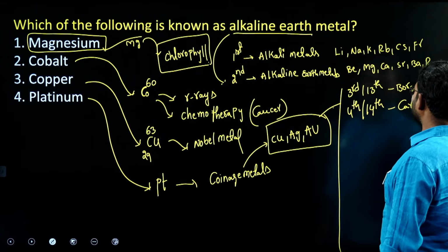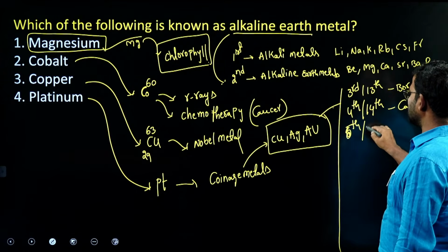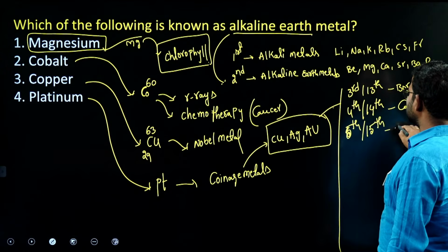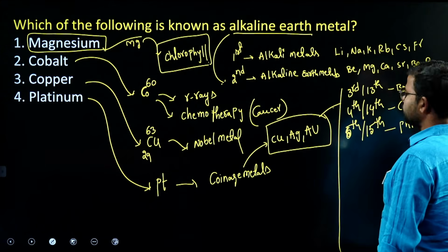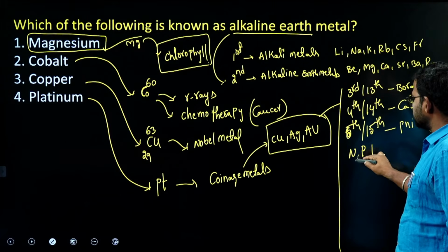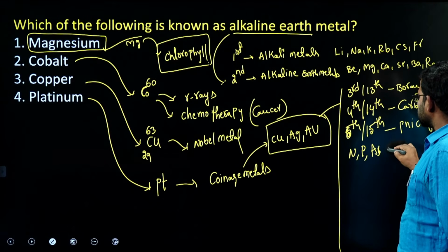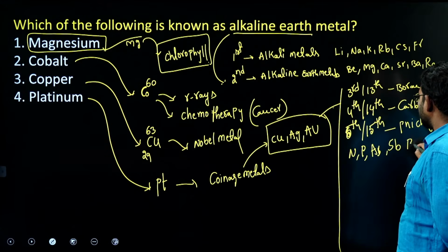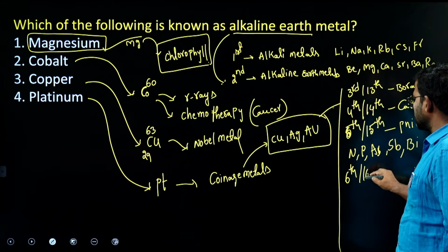Next, fifth group or 15th group elements. These are called pnictogens, mostly nitrogen, phosphorus, arsenic, antimony, next bismuth. Next, sixth group or 16th group elements.